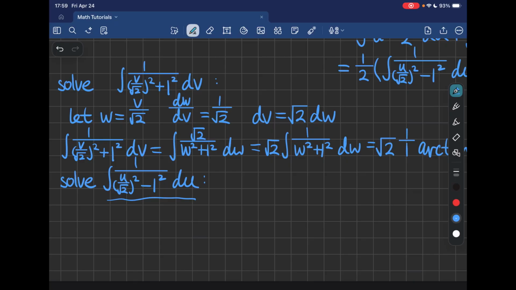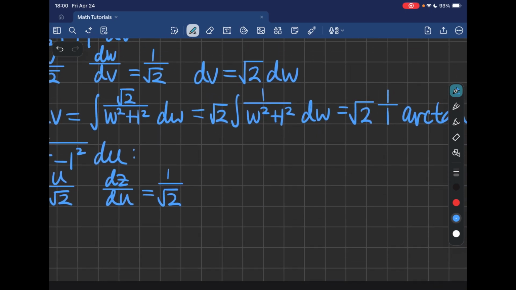So yeah, to solve the other part, we are applying partial fraction decomposition. But before doing that, we should also find a substitution for u over square root of 2 to make things easier. So let z equal u over square root of 2. So dz over du follows the same thing as above, we just have 1 over square root of 2.